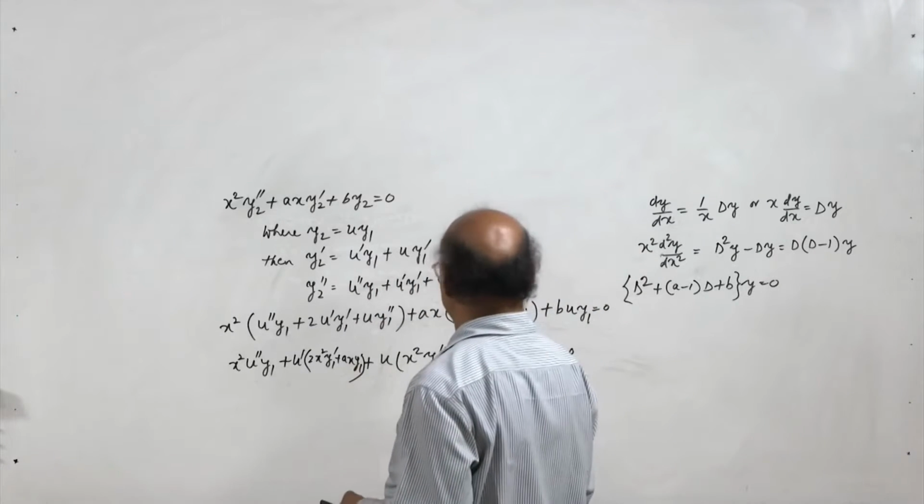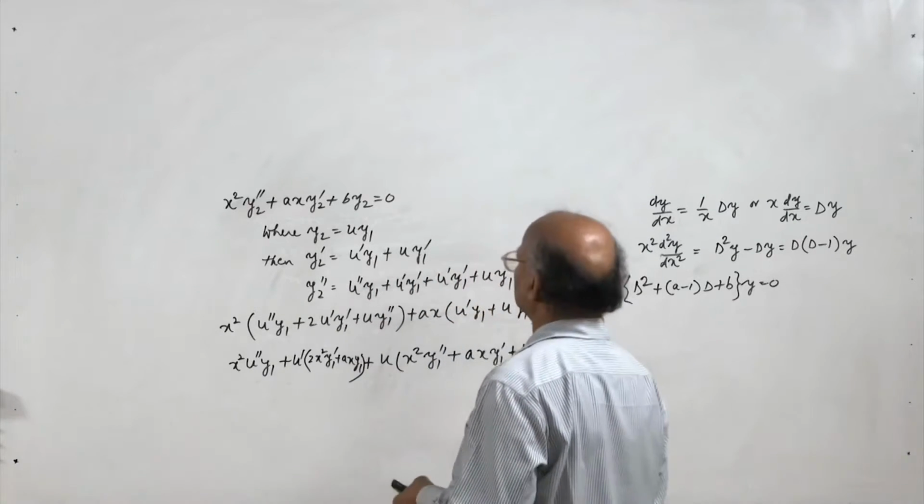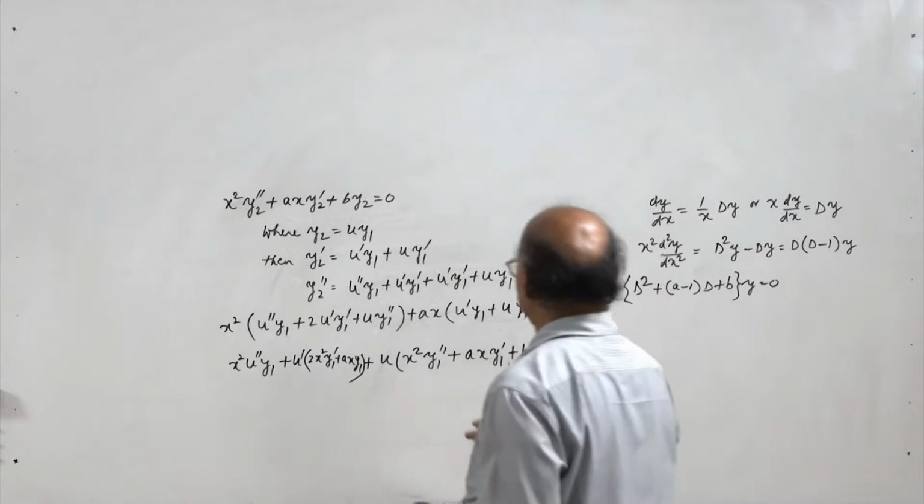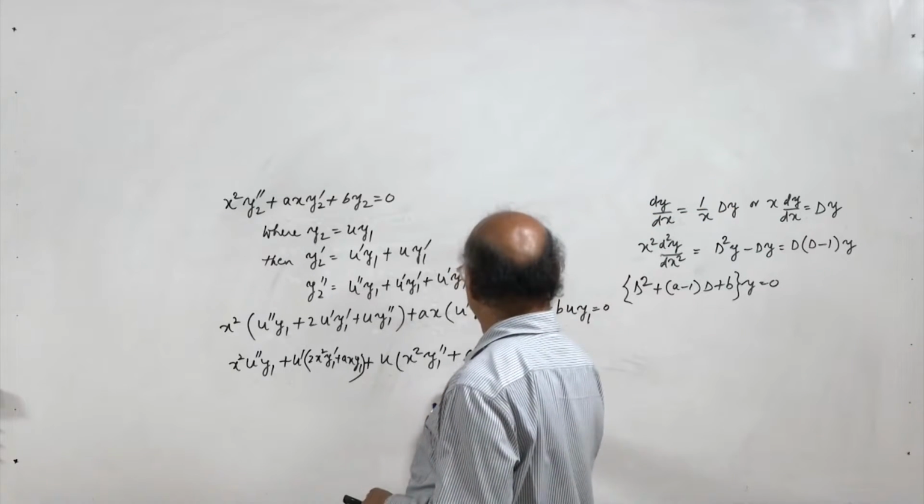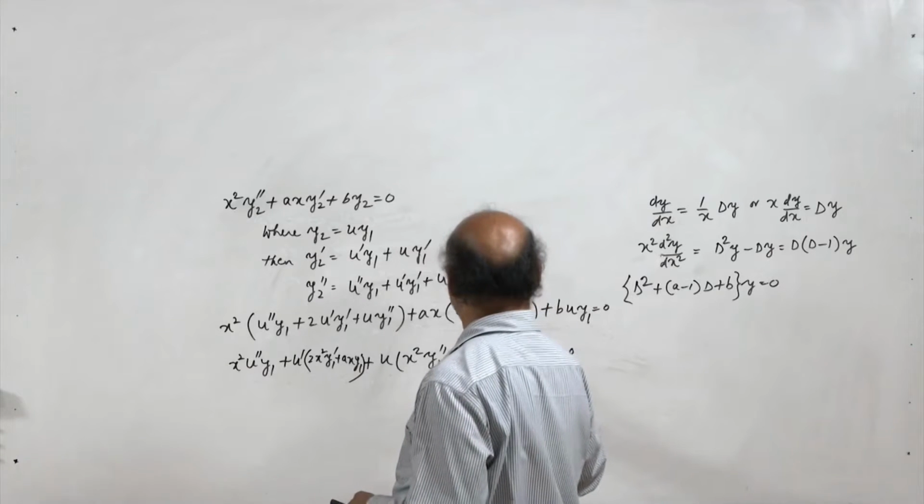Now, let us see, since y1 is a solution of the given differential equation, x squared y1 double dash plus a x y1 dash plus b y1 equal to 0.